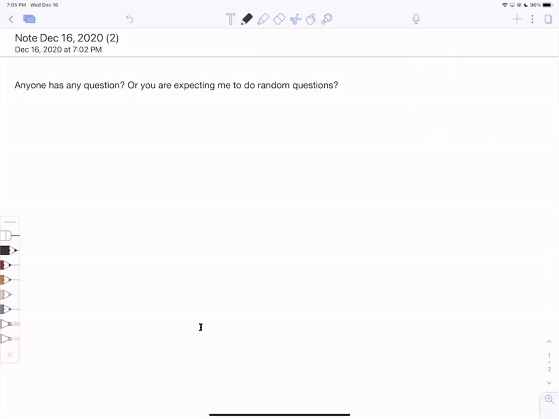So let's say proof by induction that for all natural n that's greater than or equal to 2, we have the following inequality.